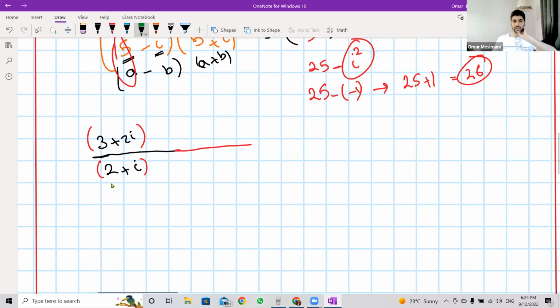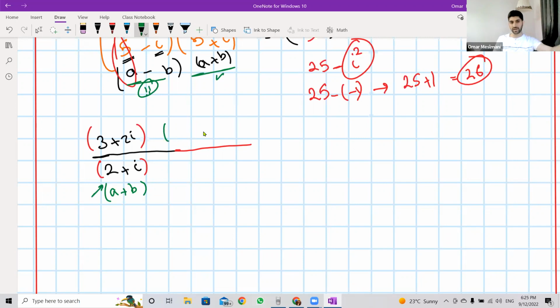All right? So look, the denominator, I'm looking for this rule, A minus B, A plus B. One of them I have, and one is missing. 2 plus i means that I have an A plus B. What is missing? The A minus B is missing.